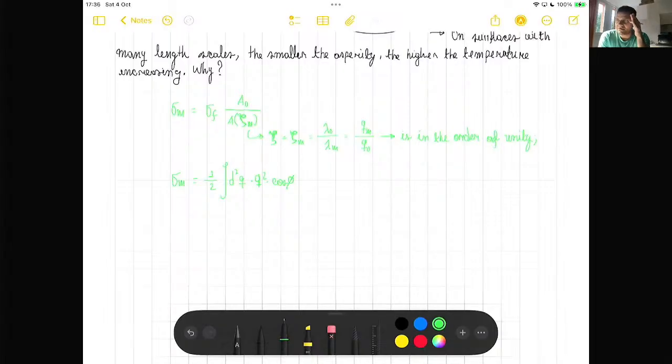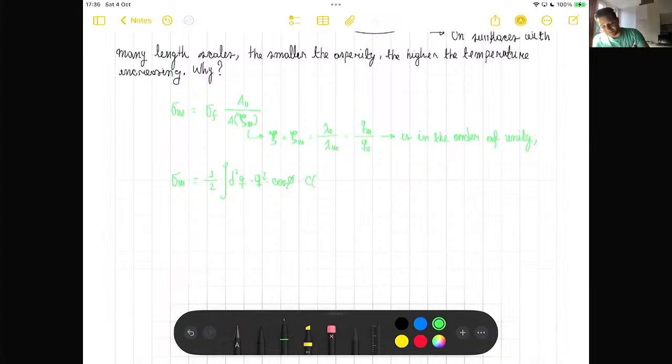Okay, if the asperities are oriented along the sliding direction, nice. If it is oriented 90 degrees with respect to the sliding direction, bad.